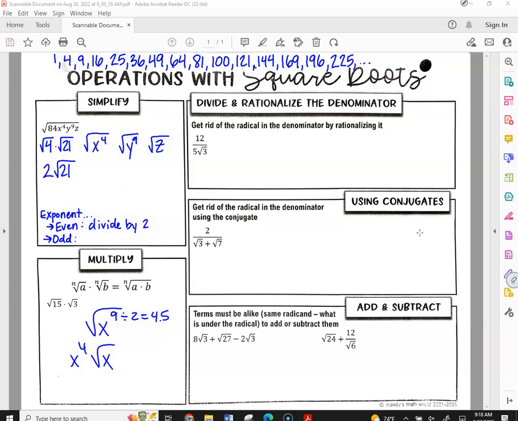Because when you take the square root of variables, write it in expanded form. That would be x to the 9th. You're saying what times what would give me x to the 9th.